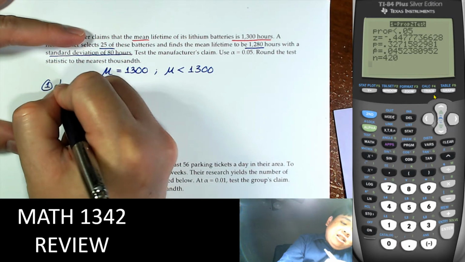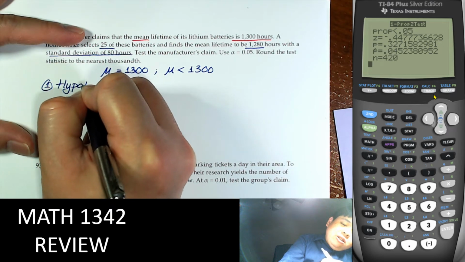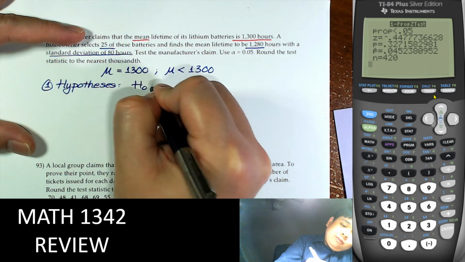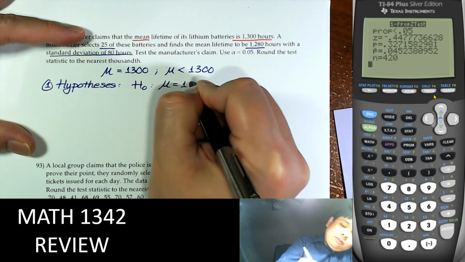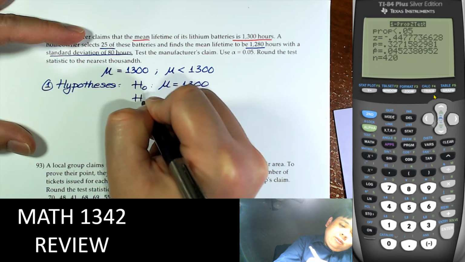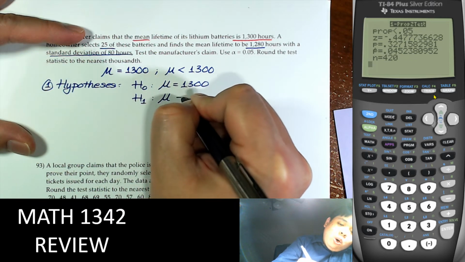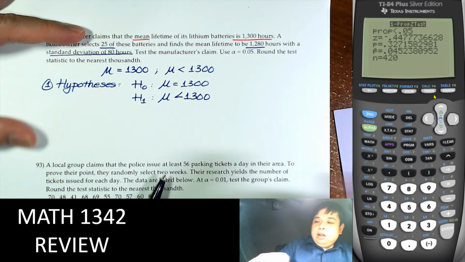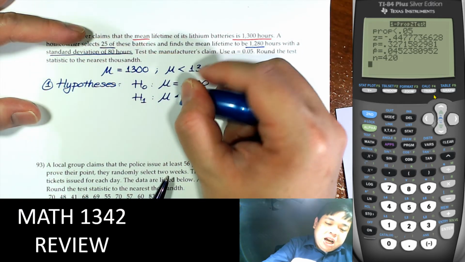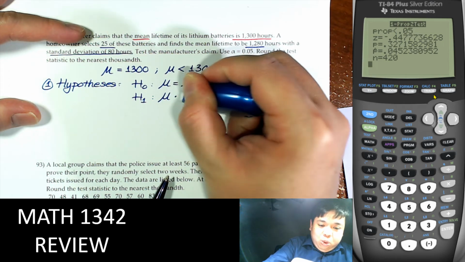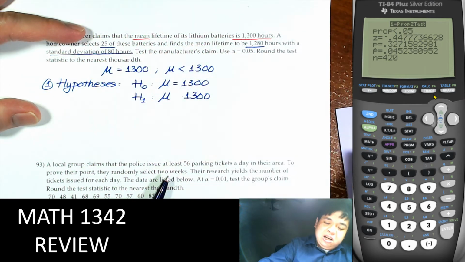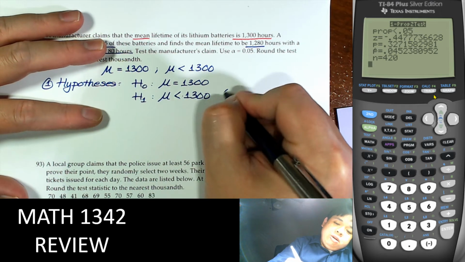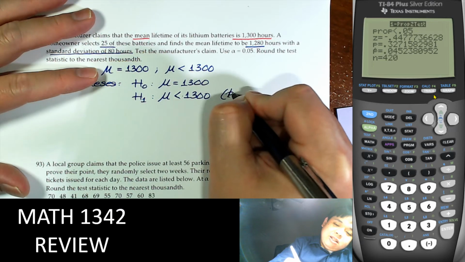So in that case, this is a one-tail test. We only have to worry about when it's less than 1300. If it is equal to, it's good. If it is better than, even better. But we really worry about if it is less than 1300. Of course, this is less than, so it will be on the right tail. I'm sorry, the left tail.